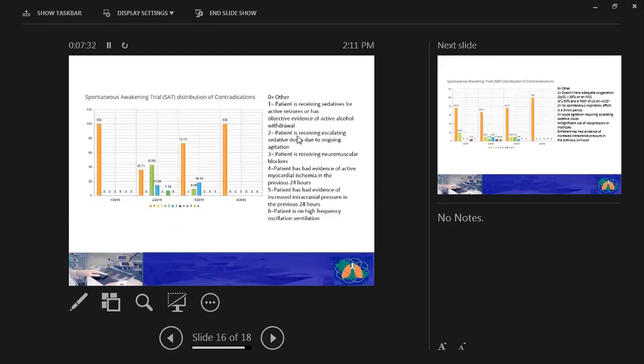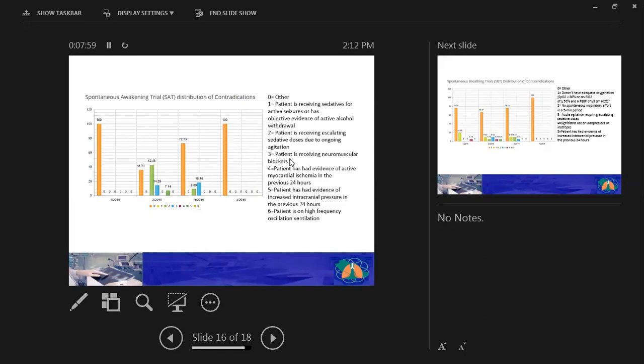And these are the different contraindications for the awakening trial. Even if the patient has seizures, for example, or alcohol withdrawal. So for some reason, the number one reason for not stopping sedation is patient seizures. The green one is number 3, or number 2.